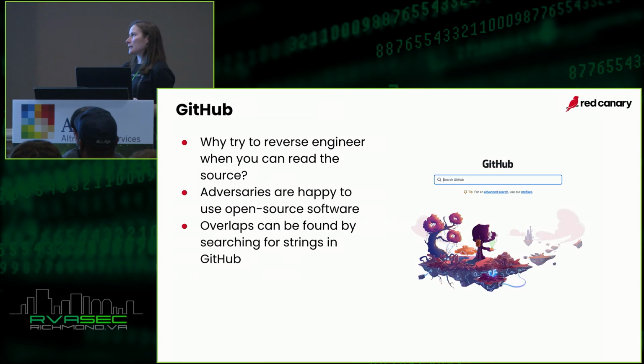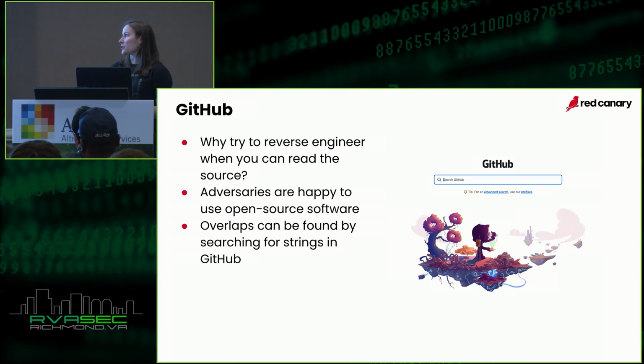So GitHub might seem like a strange resource for malware analysis, but in fact, adversaries also are perfectly willing to use code that's already been written for them. And sometimes you can find overlaps in unique strings. And so if you run strings on the file you have, maybe there's some specific error codes or things that just look unique.